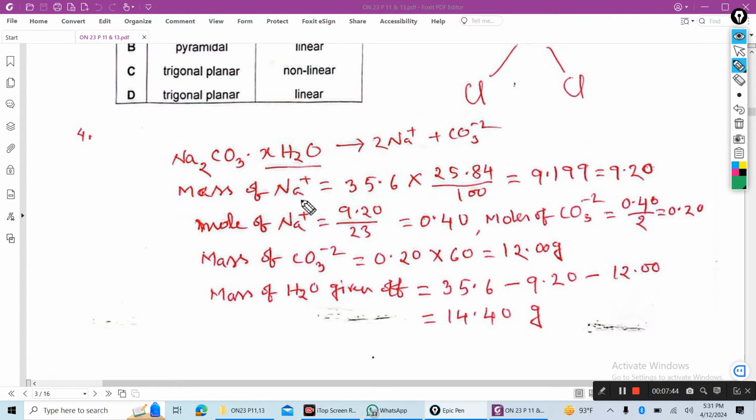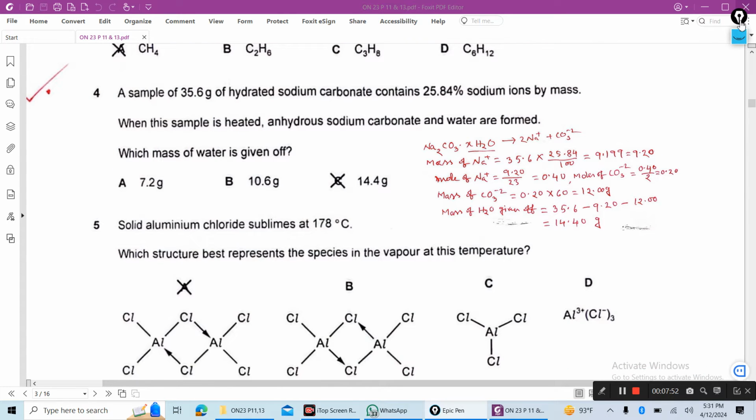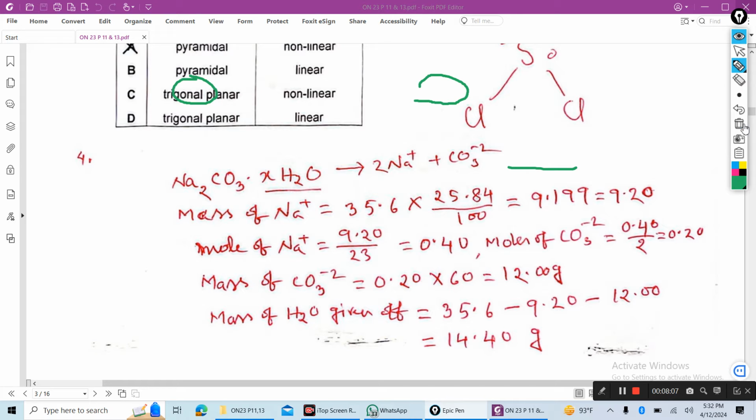I also showed it here, 9.2 gram is the mass of sodium.